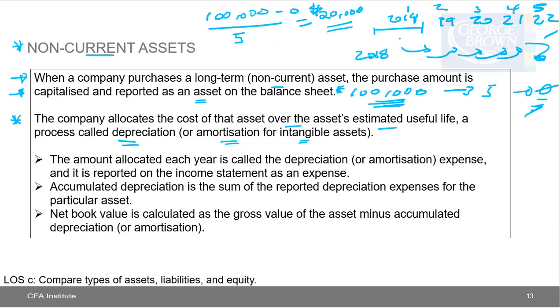But remember, I have an income statement for 2018. I have an income statement for 2019. I have an income statement for 2020, 2021, and 2022. An income statement is for a specific period of time, but a balance sheet is a snapshot as at a particular point in time.